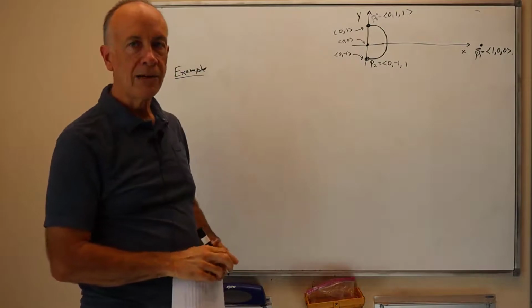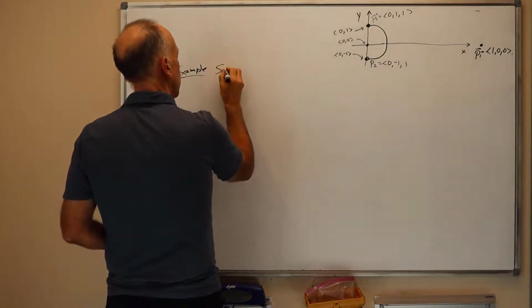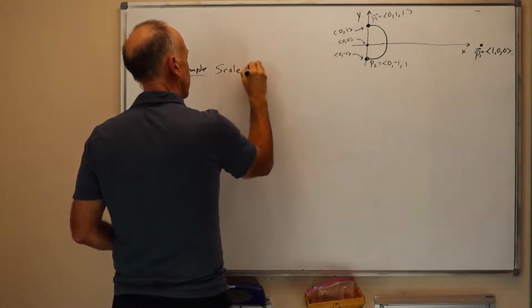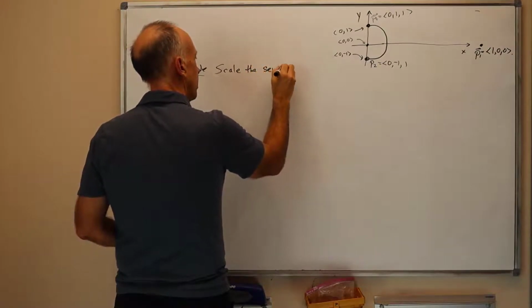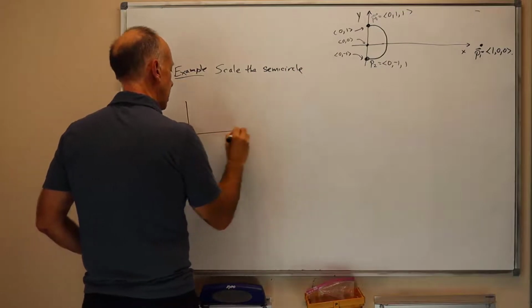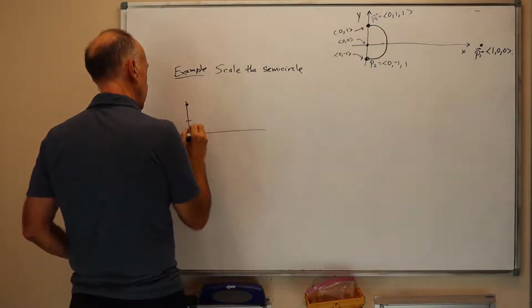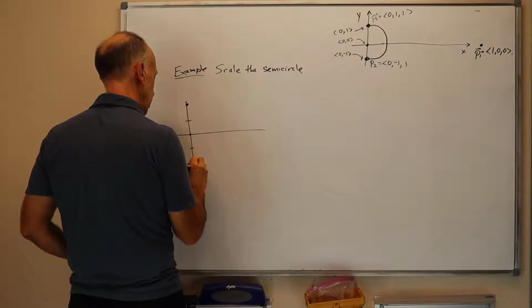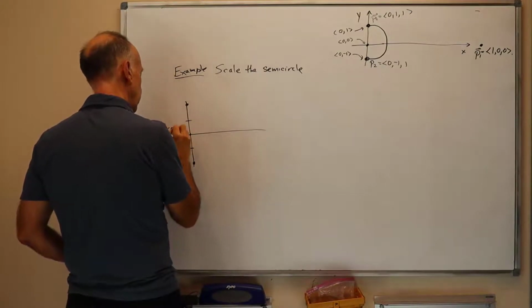Now we'll try a scaled circle. I'm just going to uniformly scale the semicircle by the factor 2. So now our semicircle is still centered at the origin, but it has radius 2.